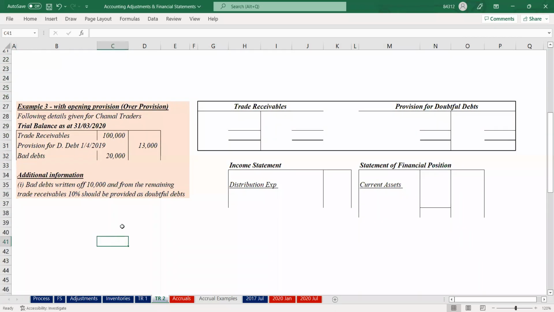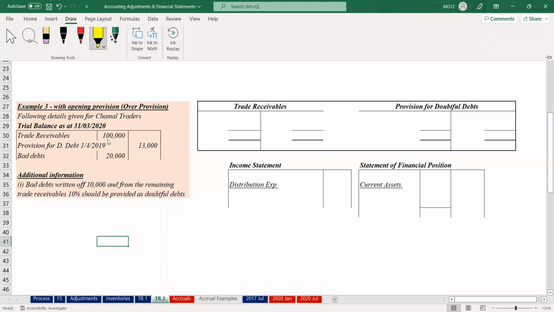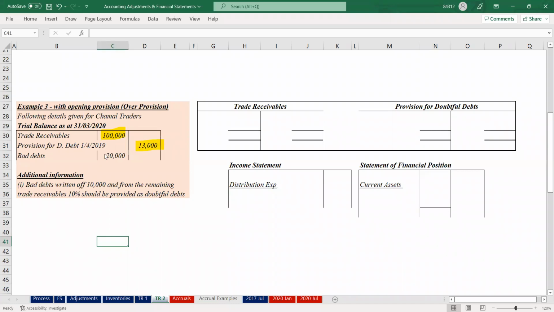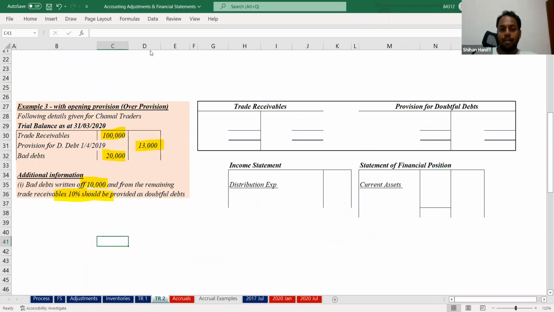Okay, can you do this? Following details given for Chamal Traders: opening bad debts, bad debts 10,000. Trade receivables, doubtful debt 10%. I'll give 5 minutes. You can do it.